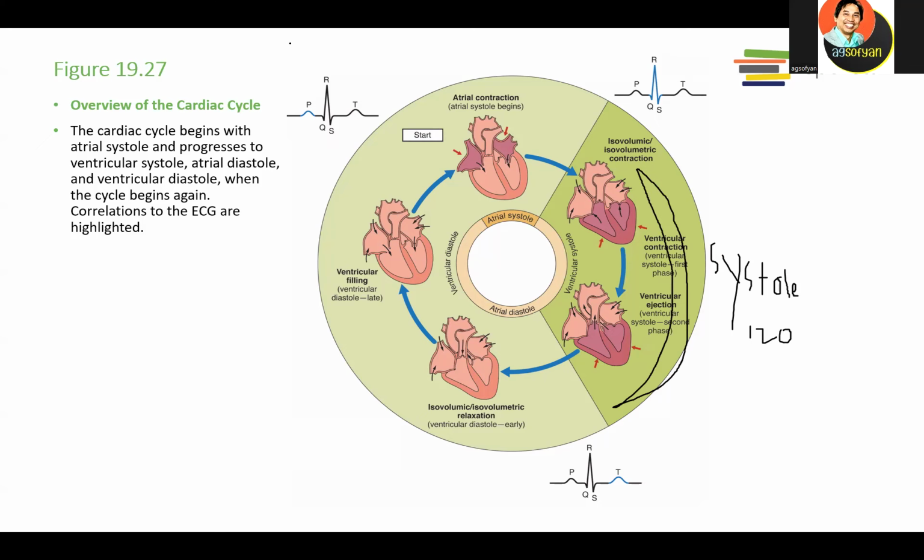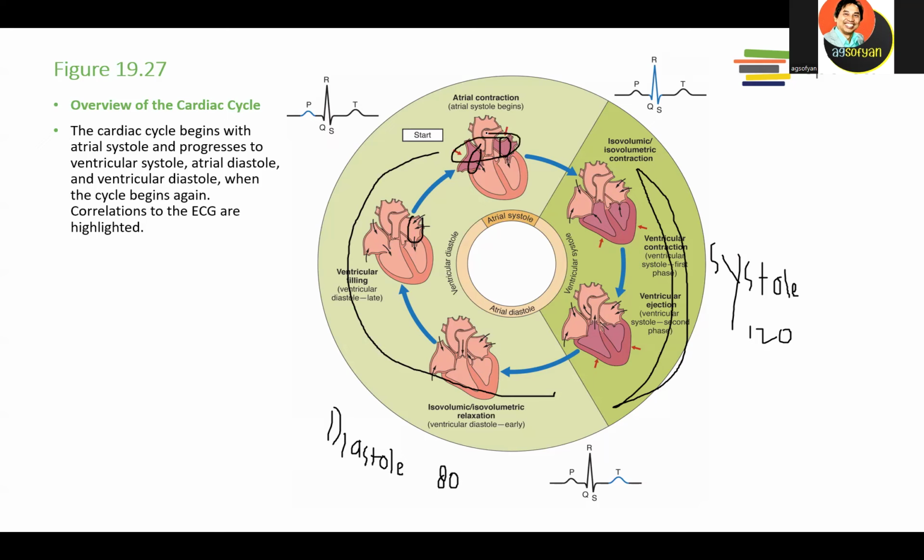On the other side over here, this is mostly the relaxation of the ventricle, but there is still a contraction of the atrium. So the atrium is contracted, but the ventricle is relaxed. And this is what we call diastole. In diastole you still have the pressure over here, usually around 80.